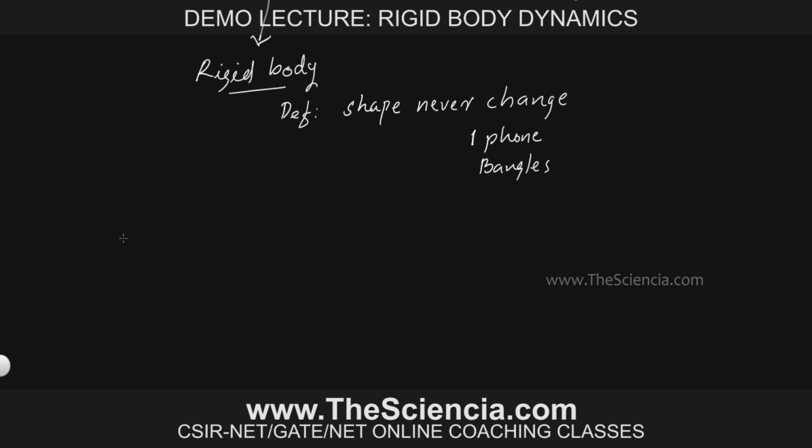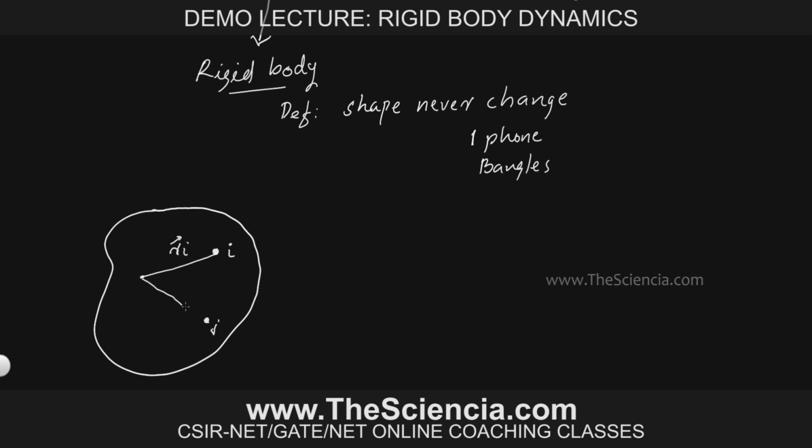So in a very mathematical way, we can represent this in equation form. I am considering a case of a rigid body. This is a rigid body, and here this is one particle in the rigid body. So it is a system of particles, and this is one particle. I call it the ith particle, and there is another particle, and I call it the jth particle. From a reference point, I can draw a position vector, that is the ri vector, and this is the rj vector.